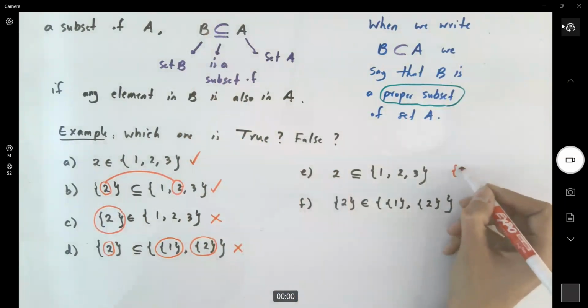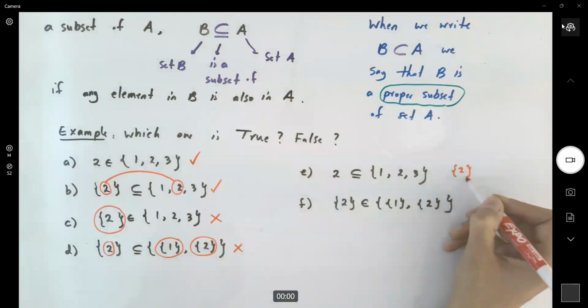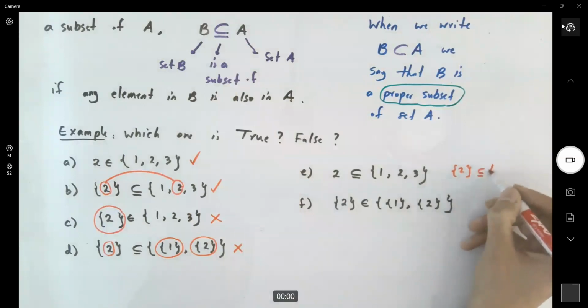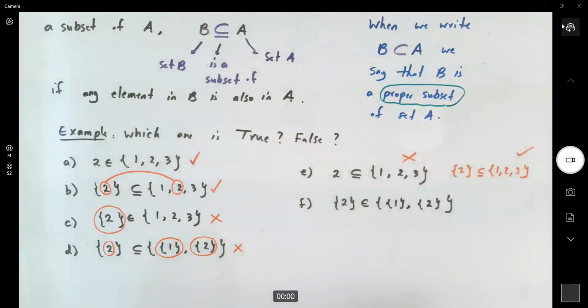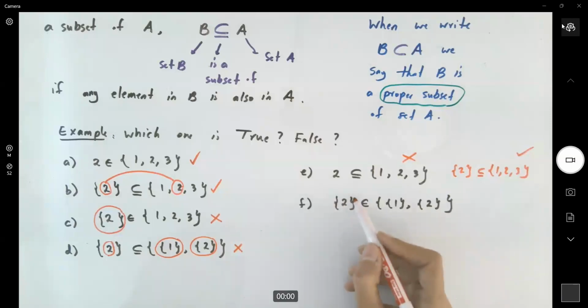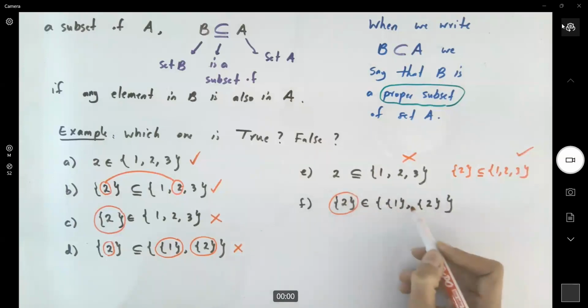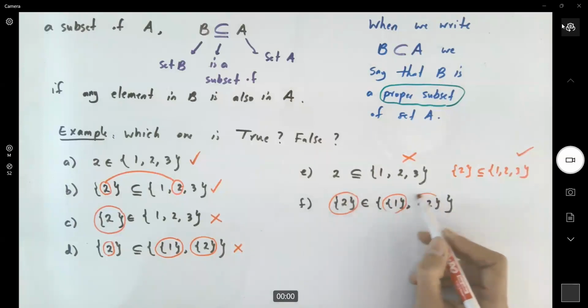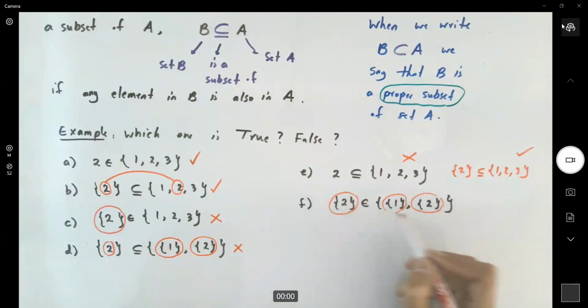If it was the set including 2 is a subset of 1, 2, 3, you should be fine, but this is wrong. You cannot just have an object like this on the left-hand side. So this is false. What about this guy? It says, hey, this element belongs to this set. Okay, yeah, I see that just right here. This belongs to this set. So this is true.